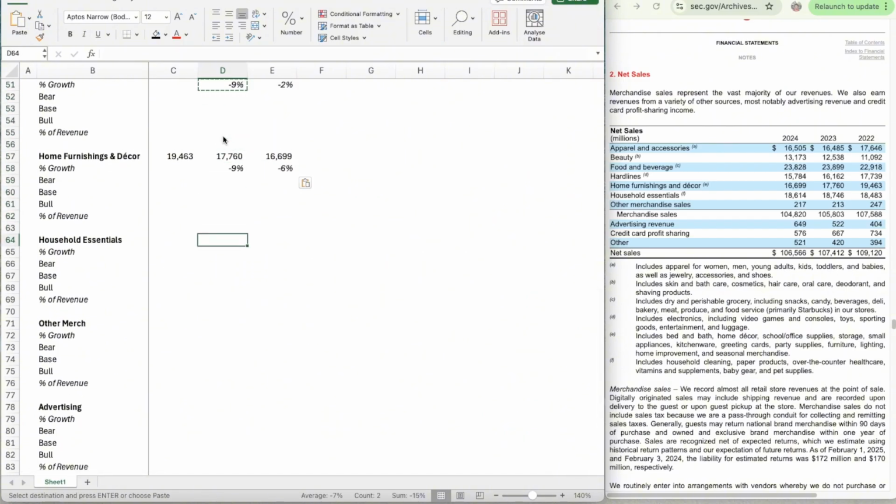The reason why I'm copying it rather than getting the thing out again, even though it feels a bit far to go up, is because the formatting is correct on the other one and it can just copy straight over. 18,746. 18,614. There we go.